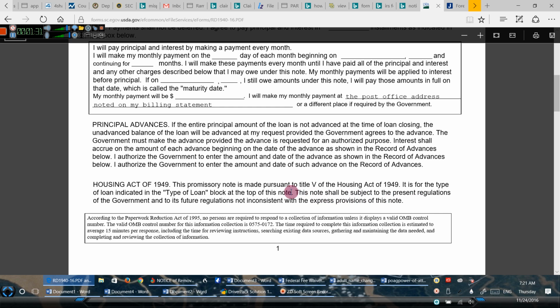Do you know what some of those express provisions and regulations are? 1901.508. That's right. So what I'm going to do is introduce this as part of our argument.